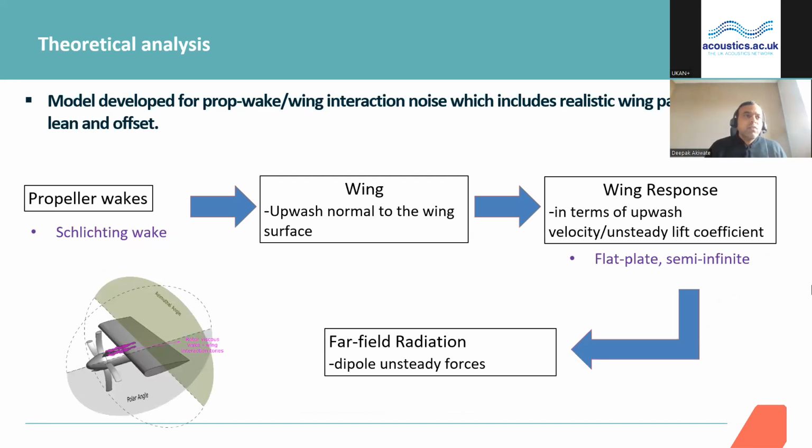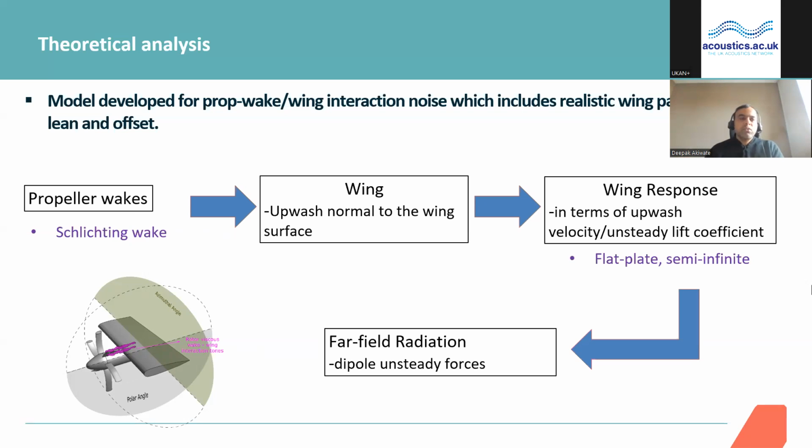So we quickly formulated a propeller wake interaction formulation with the realistic wing sweep, lean, and offset, where we assume an already defined propeller wake, like let's say the Slinn wake profile. We transfer all these wakes to the downstream of the wing and estimate the upwash on the wing surface.